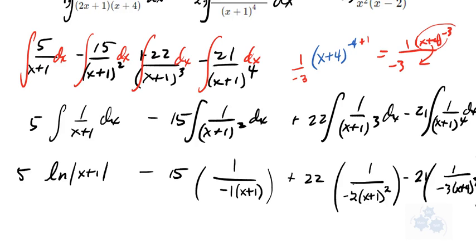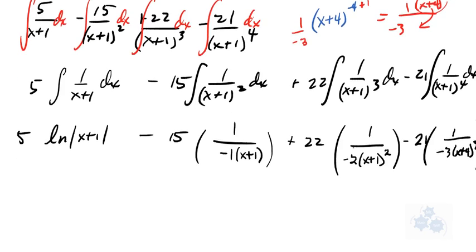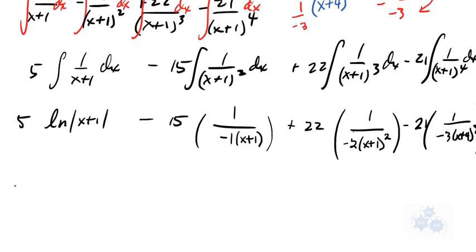It's a bit tight there, but let's finish this off by simplifying. So this is a negative 15 over a negative 1, so that's plus 15 over x plus 1.